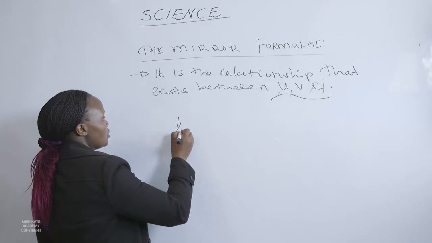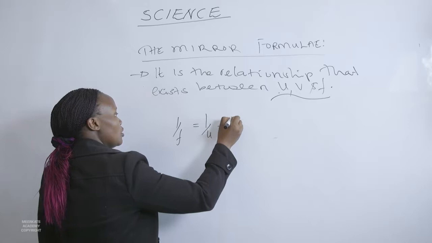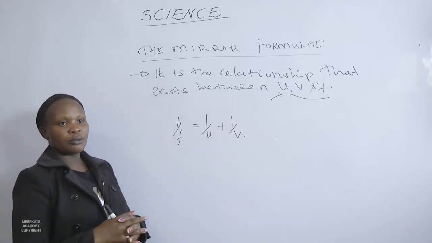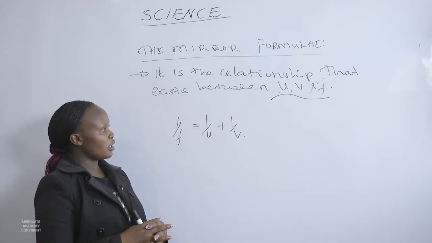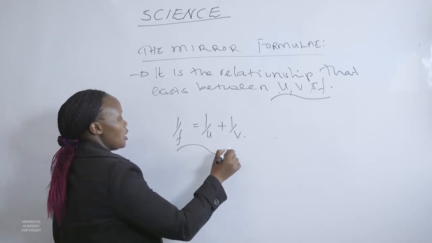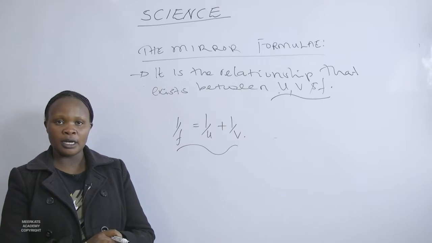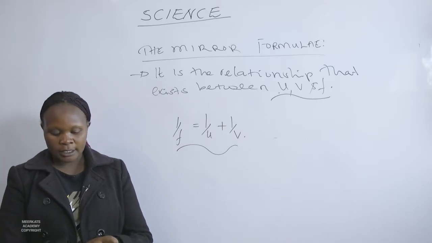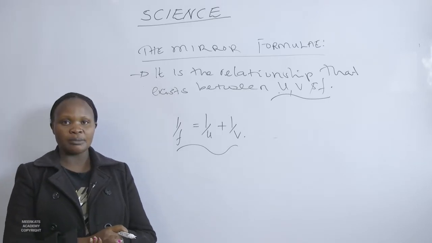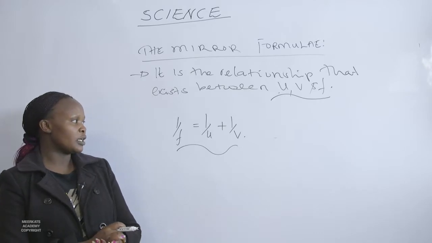And the formula states that 1 over F is equal to 1 over U plus 1 over V. That is the relationship that exists between the three, and it is a very important relationship in the study of curved surfaces, as it will enable us to calculate different aspects of the curved reflectors.